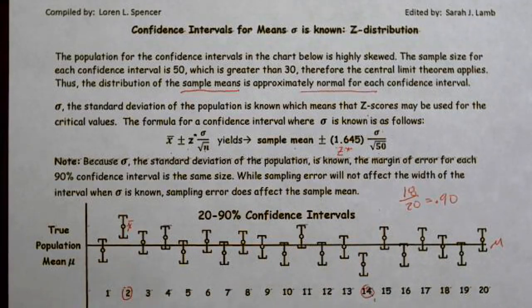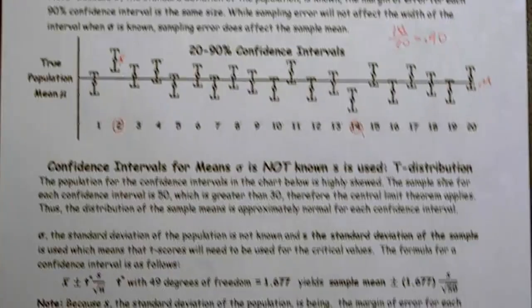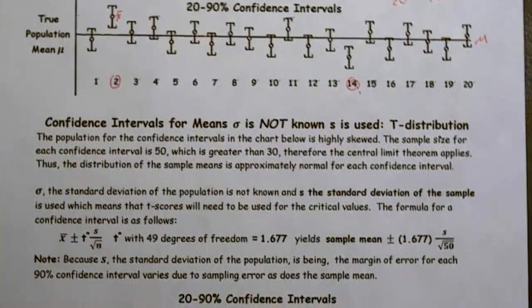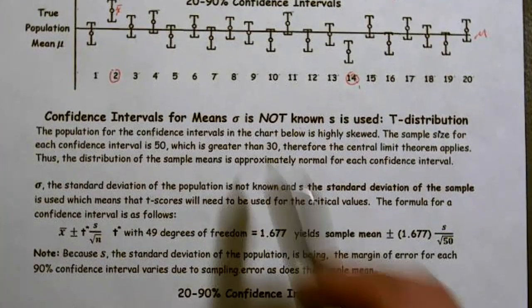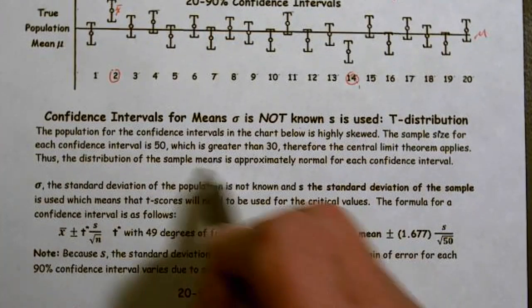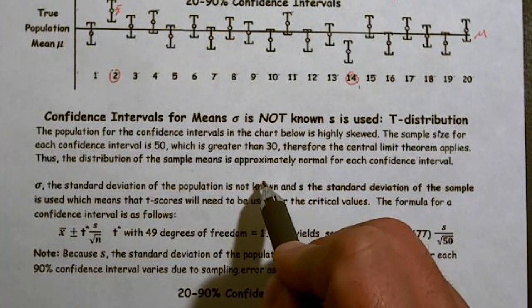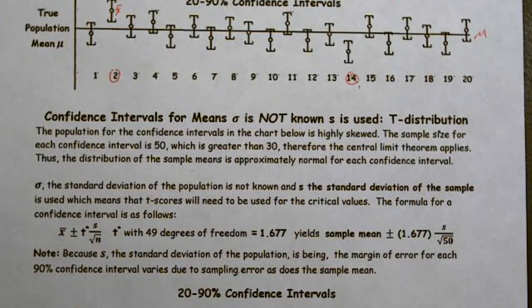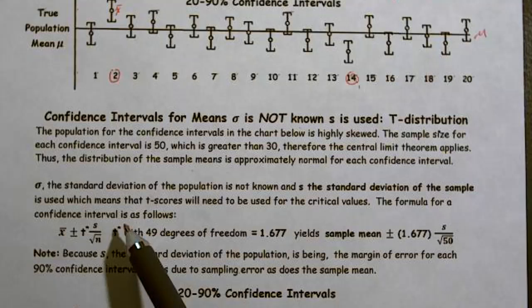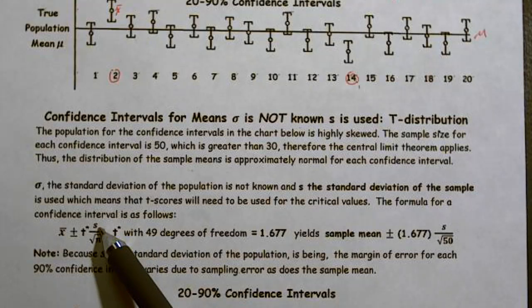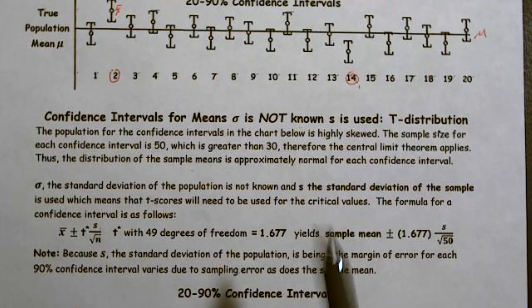Every now and then the sample won't match. When we go to the t-distribution, and by the way, I'm still keeping the sample size at 50, so the distribution of sample means is normal by the central limit theorem. I can still go ahead and do that, but when we go to the t-distribution, we have to use the standard deviation of the sample, which means every time I take a sample, I'm going to have a different standard deviation.